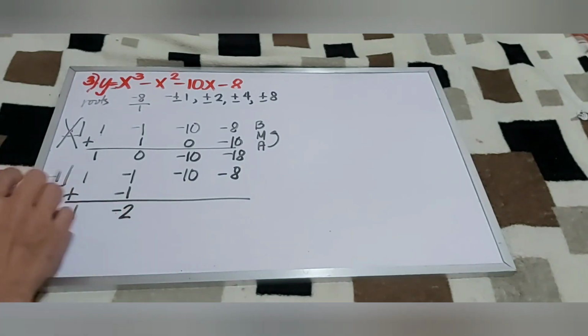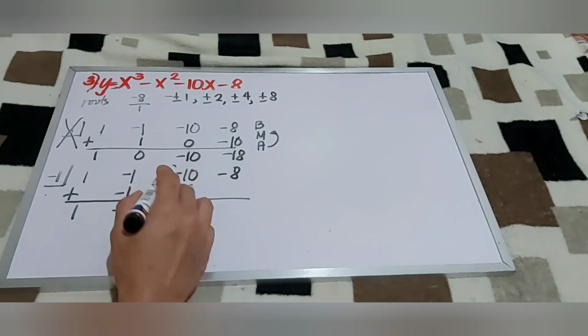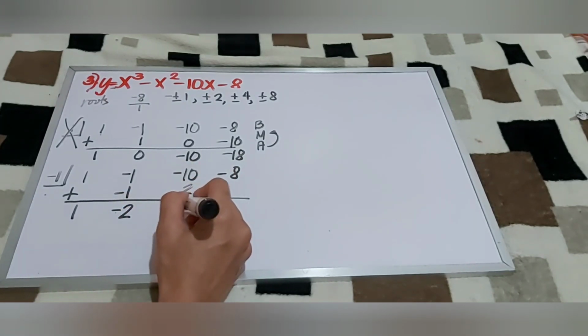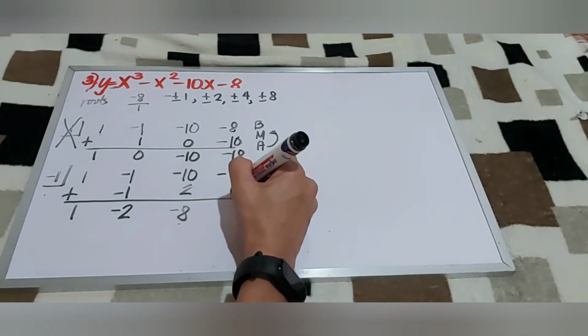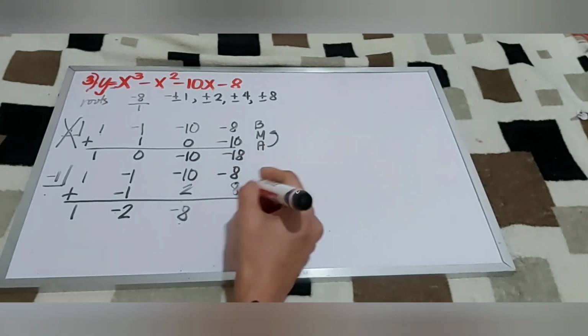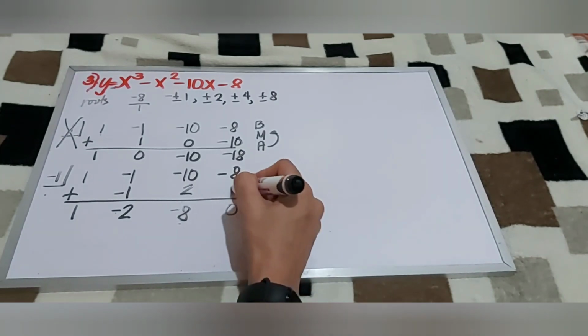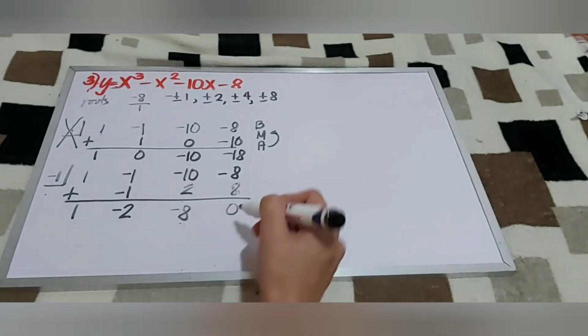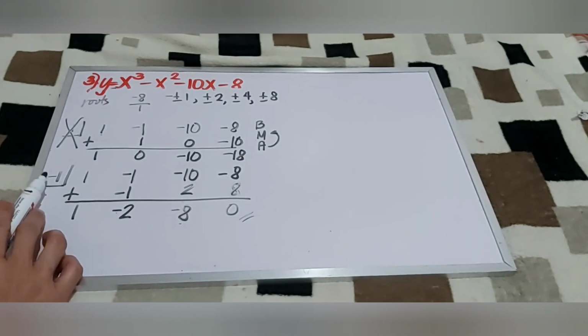Multiply, this is positive 2. Add, this is negative 8. Multiply, this is positive 8. And add, this is 0. Ayan. Since 0 ang ating remainder, we can take this as our root.